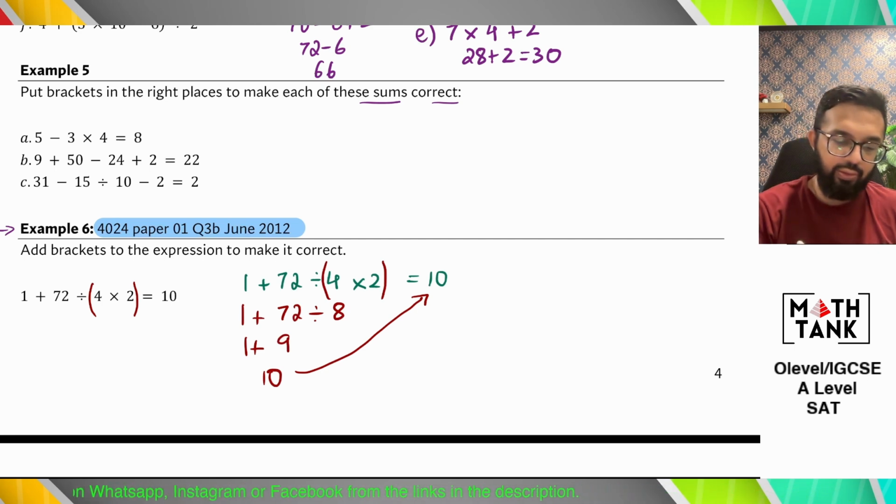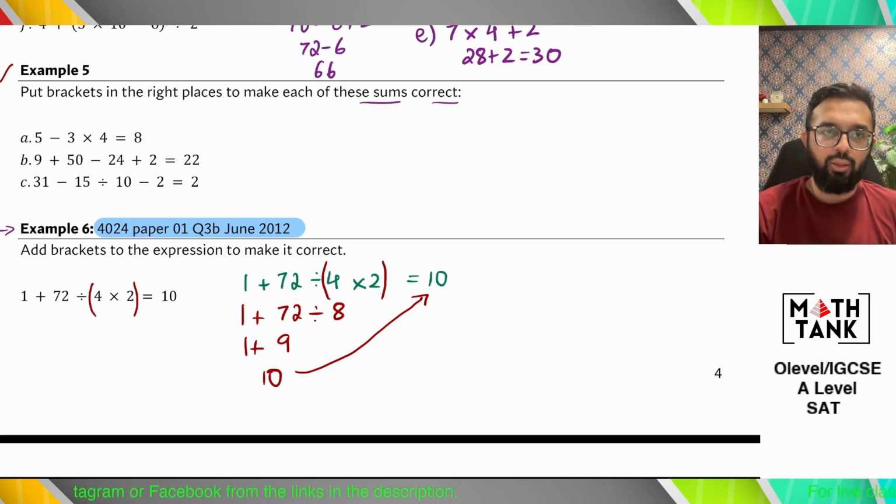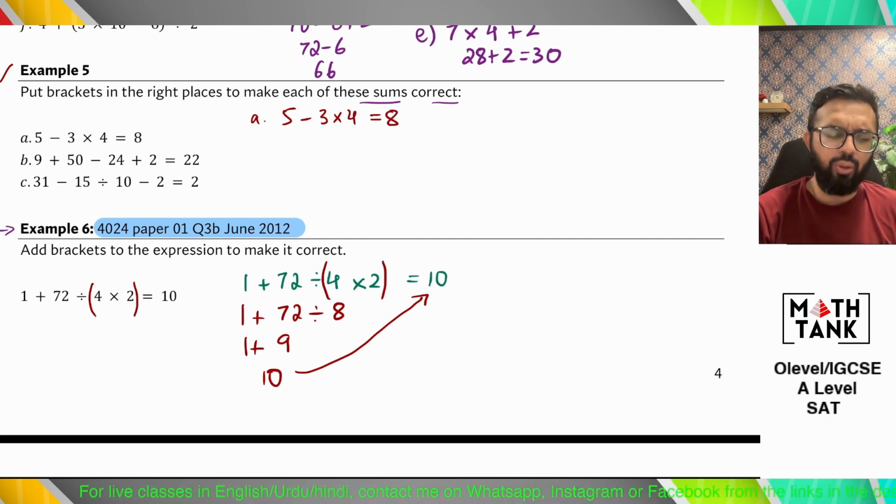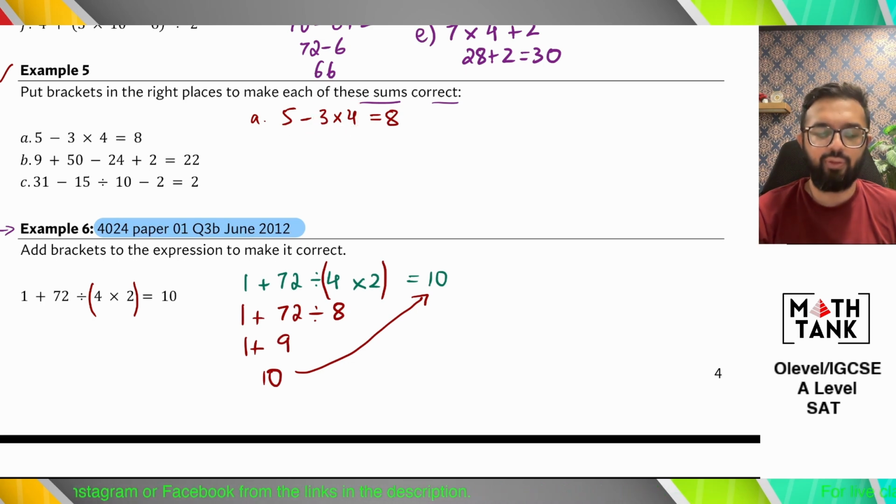Okay, there are several others that you should calculate with me. Now you see, in part A, what I need is a positive number, not a very small number. If we put a bracket here, this becomes 5 minus 12. That would give me negative 7. So that doesn't work out.